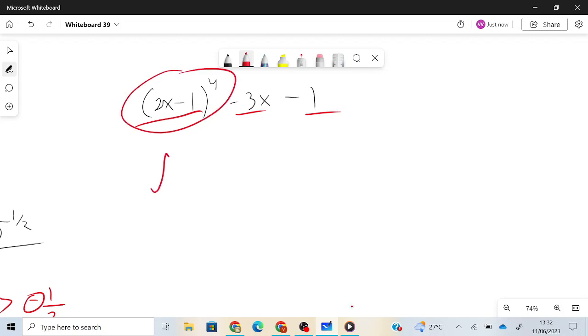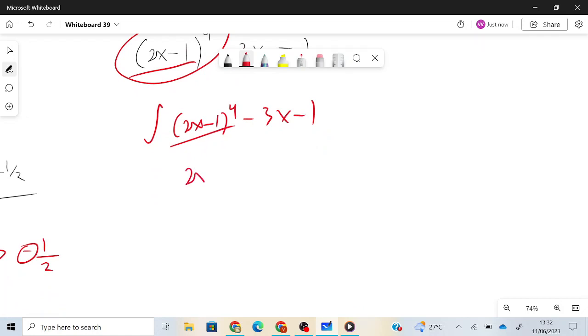Again, integrating all of 2x minus 1 to the power of 4 minus 3x minus 1. Integrating this part here, we would get 2x minus 1 to the power of 4 plus 1, that's 5, divided by the new power, that's 5, times 1 over 2, because that's the reciprocal of the derivative here.